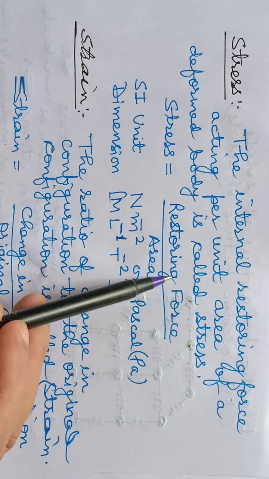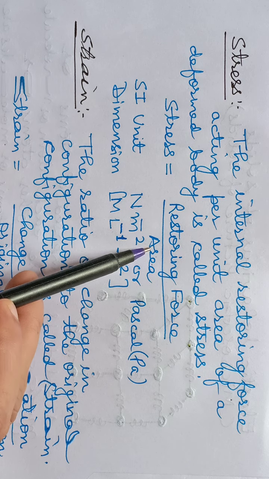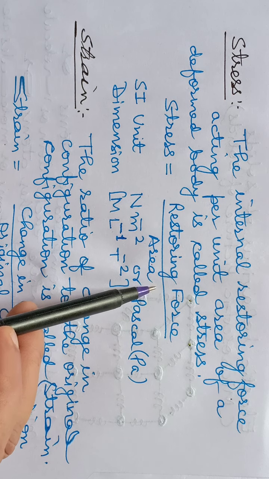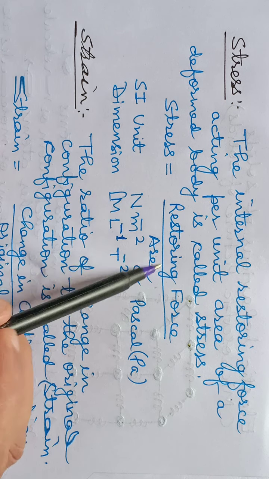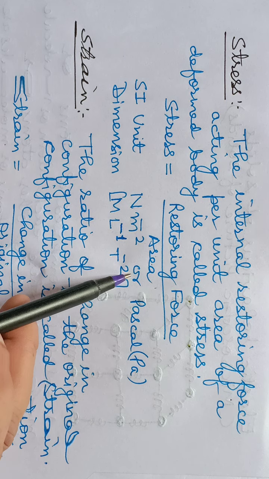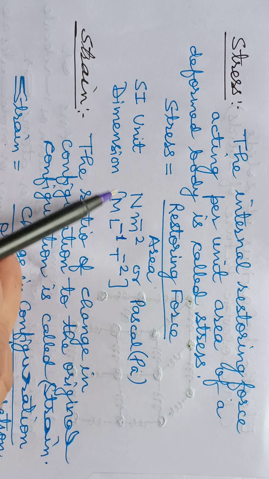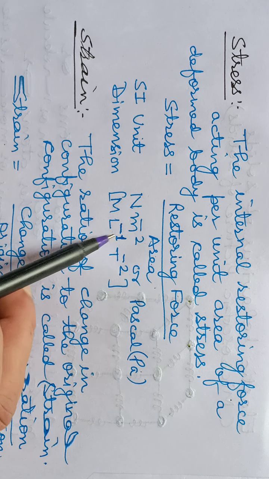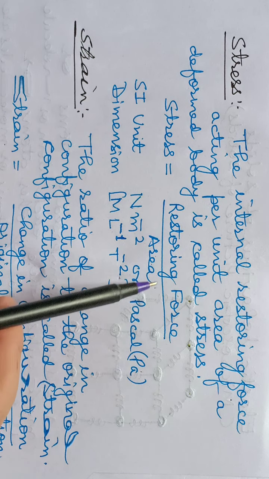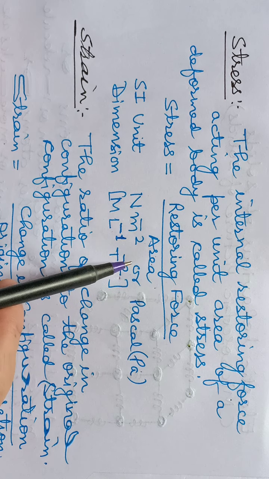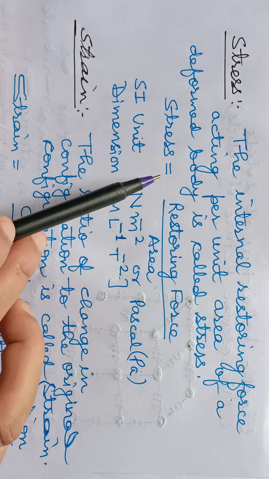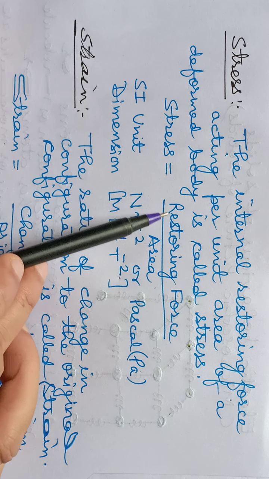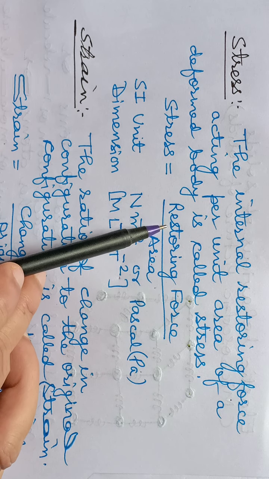So stress is restoring force per unit area. The SI unit of it is Newton per meter square or Pascal. Dimension is ML^-1T^-2. Now tell me whose dimension and unit is the same as that of stress. This is an assignment for you, and also how they are different.